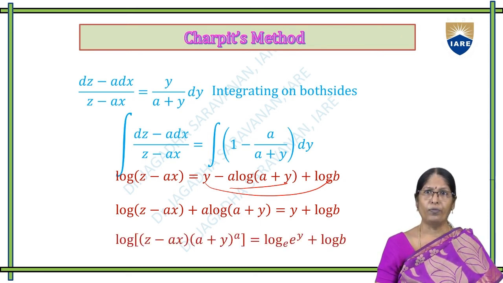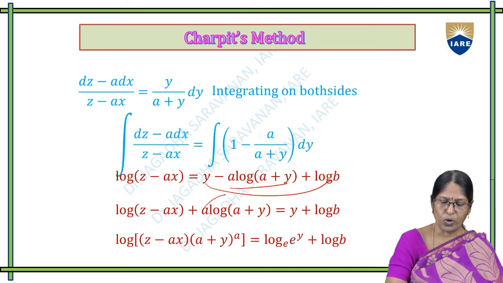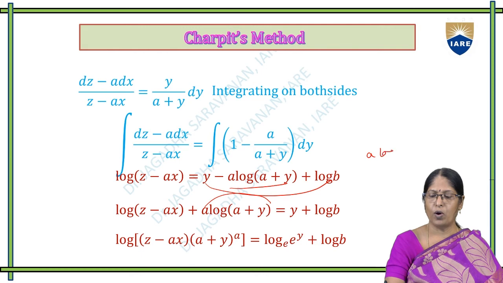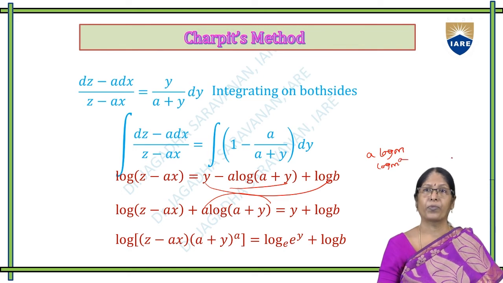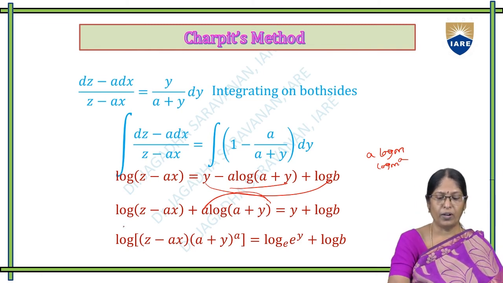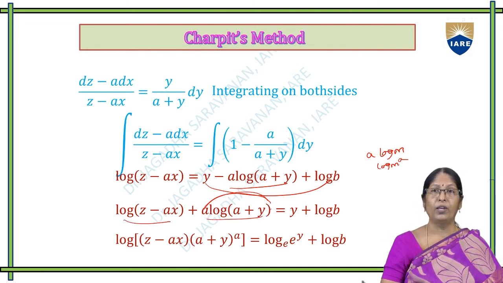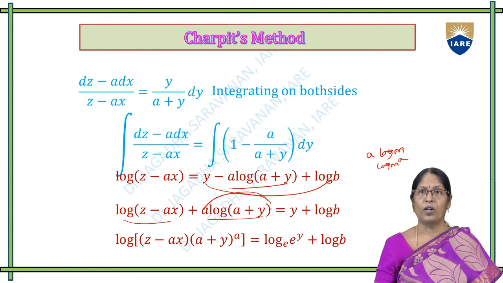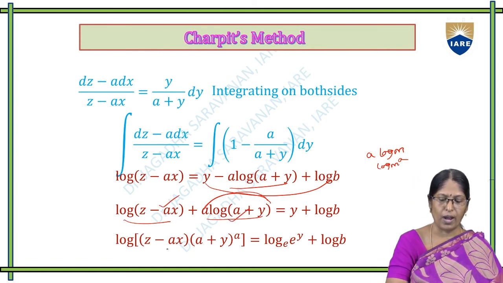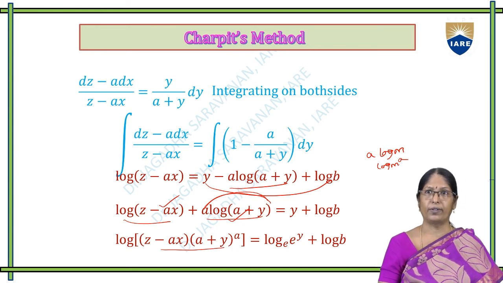So log of this, we brought it using the logarithmic formula, that is a log m, we can write log m power a. In a similar manner, this a we have put here, and here log a plus log b we can write as the product log of AB. So this under product we wrote.